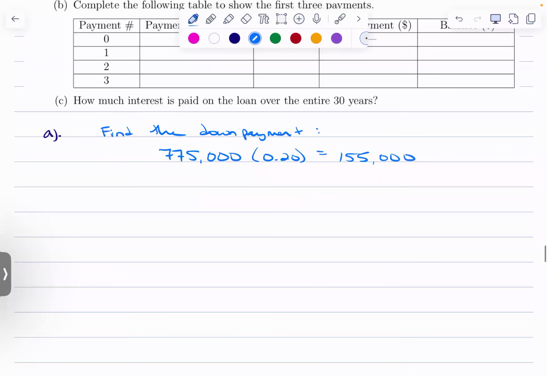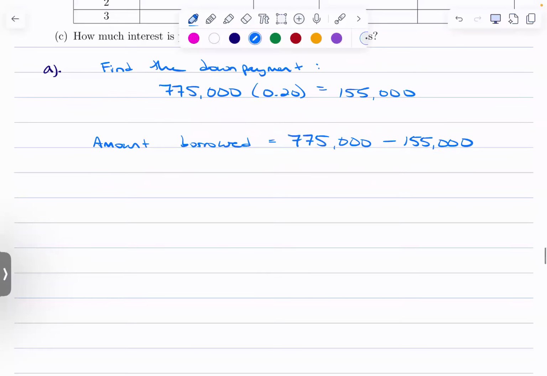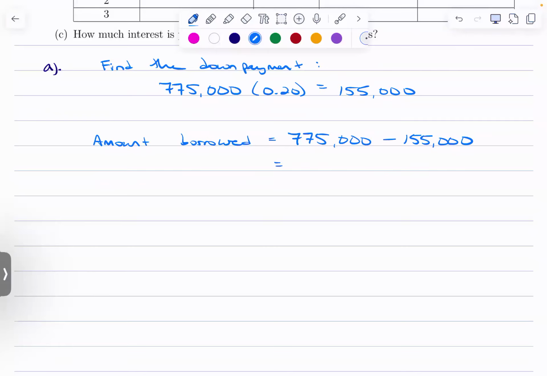And so the amount borrowed then is going to be 775,000 minus 155,000, $620,000.